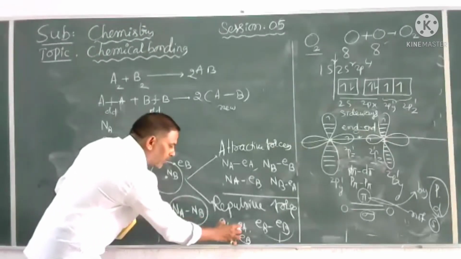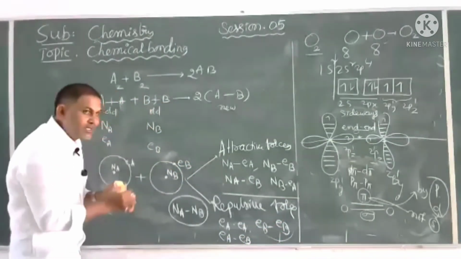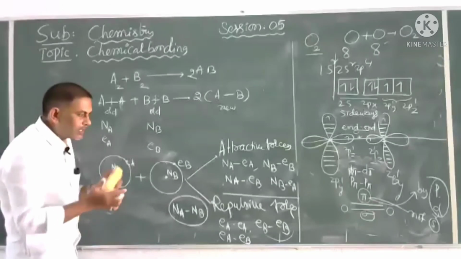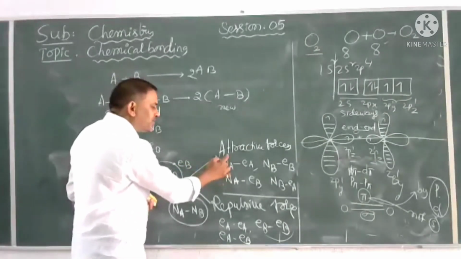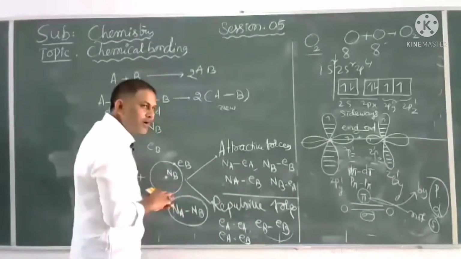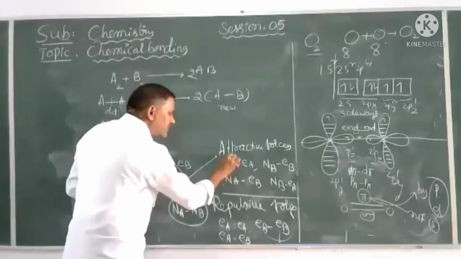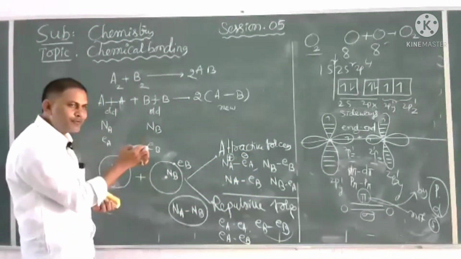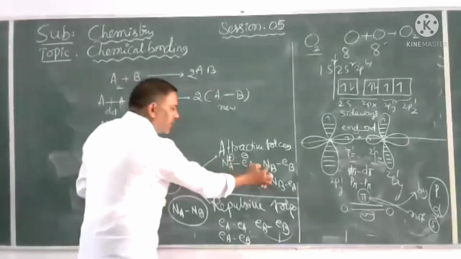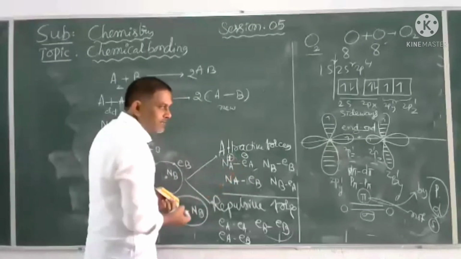Electron charge is negative, so repulsion takes place. But between a positive nucleus and a negative electron, attractive forces exist. Same here, the nucleus and electron have attractive forces.